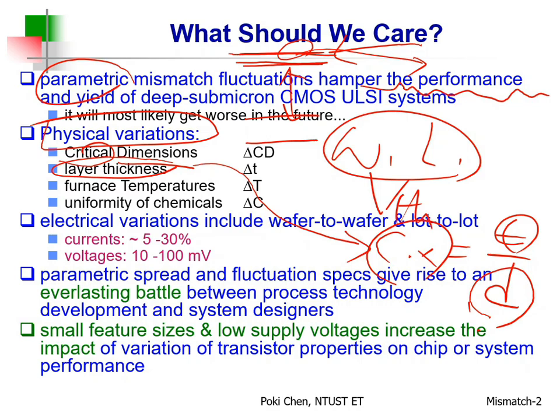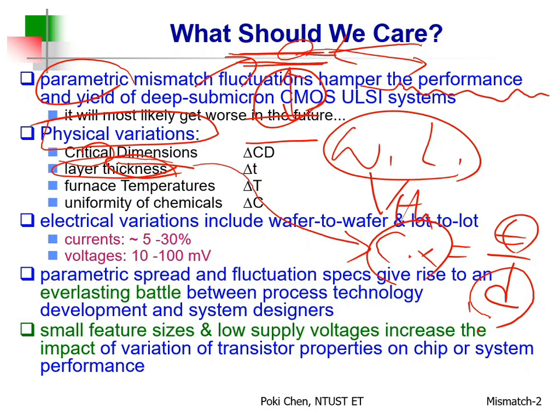It is not flat at all. So for any specific layer or the isolation layer between two layers, nothing is perfect. The layer thickness will always get some kind of variation.